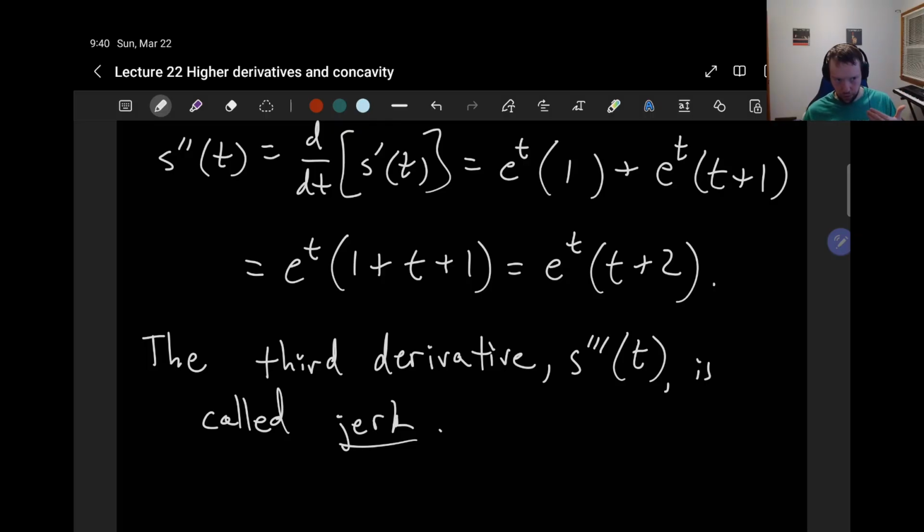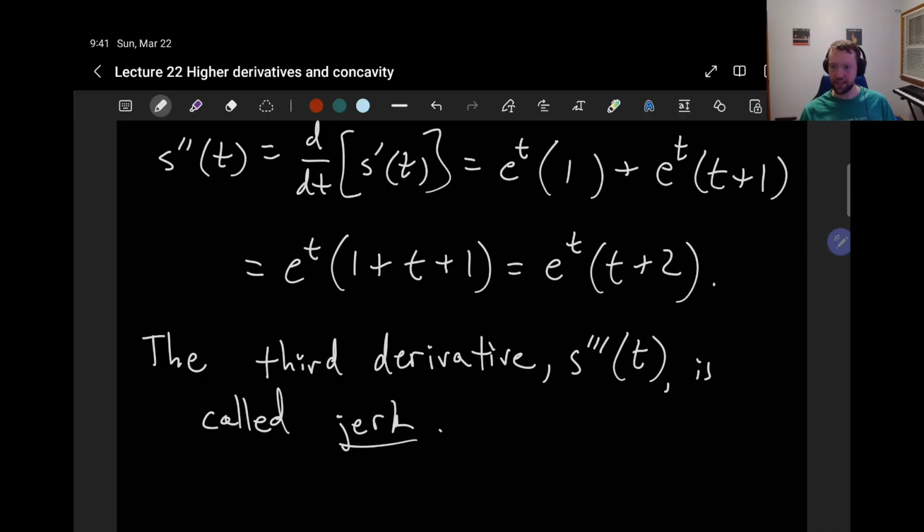Otherwise, if you're traveling at a steady velocity or even a steady acceleration, where that speedometer is just going up at a steady rate, that means your acceleration is constant, and then it feels kind of like you're sitting on a park bench unless you're on a bumpy road.